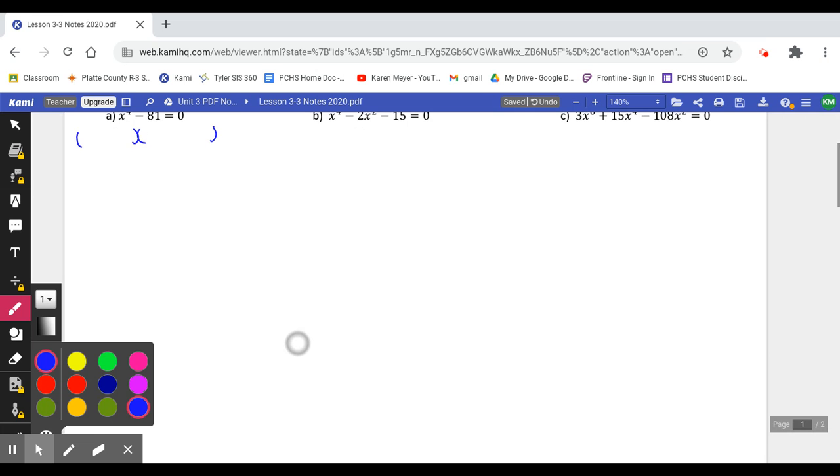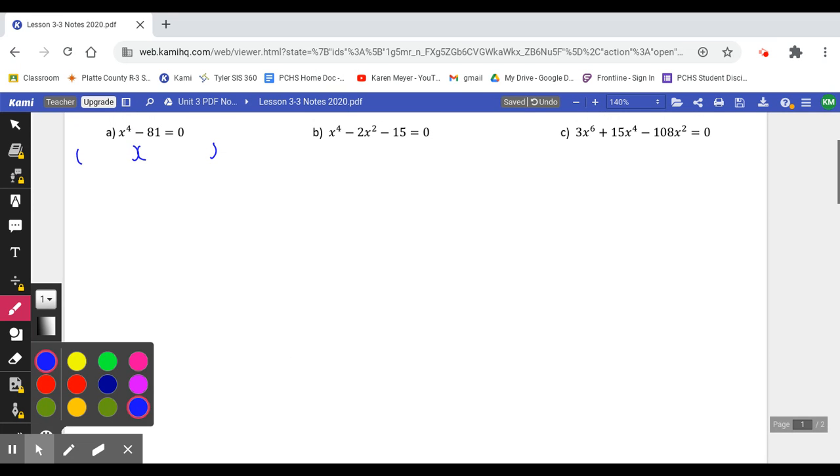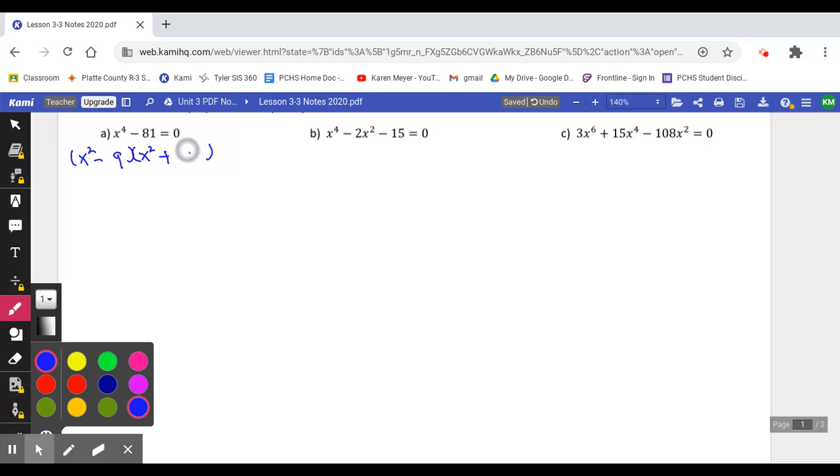Well, that would be x to the 2nd times x to the 2nd. Because remember, when you're multiplying, you add exponents, and that would add for x to the 4th. So you have 1 minus and 1 plus. And then what times itself is 81? And that would be 9 and 9.